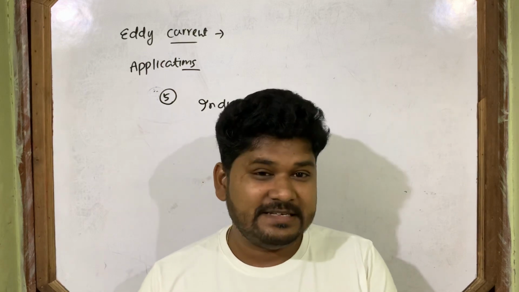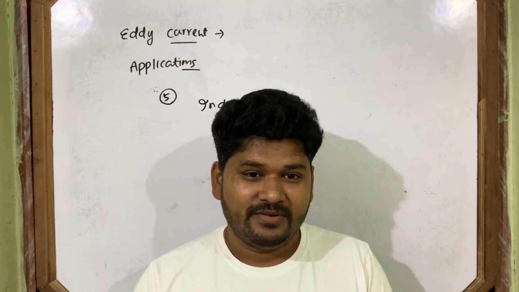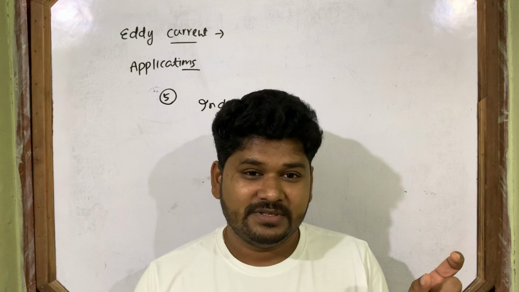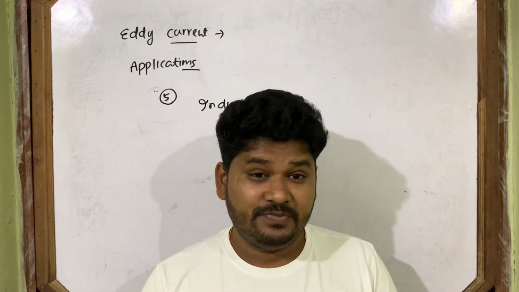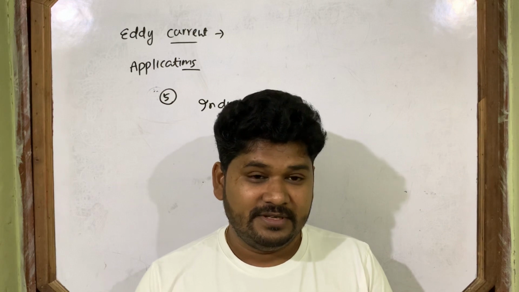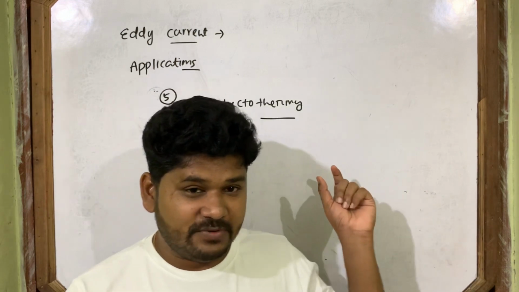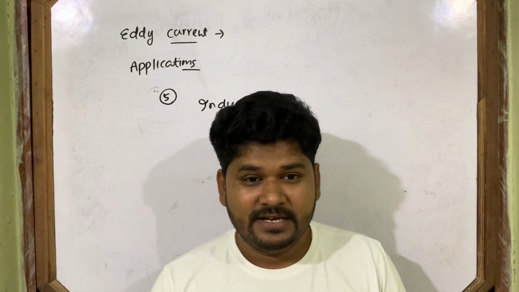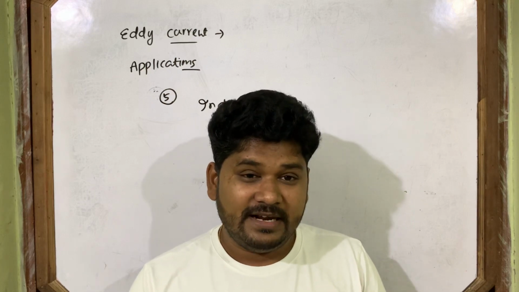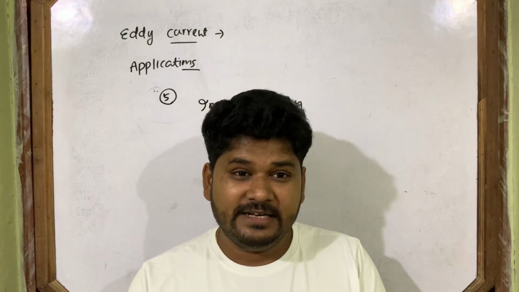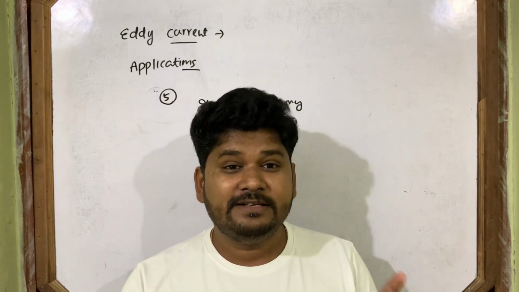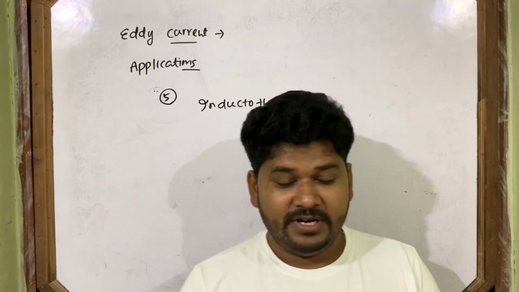We'll compare this eddy current to one force from the mechanics chapter of class 11th. Which force? When I told you the applications, you may have marked that according to Lenz's law, this eddy current opposes relative motion.